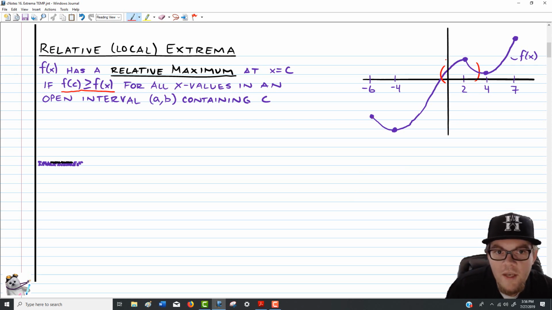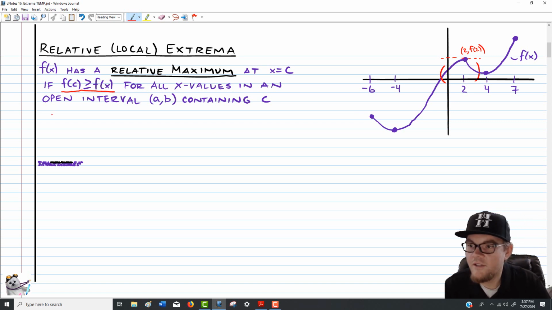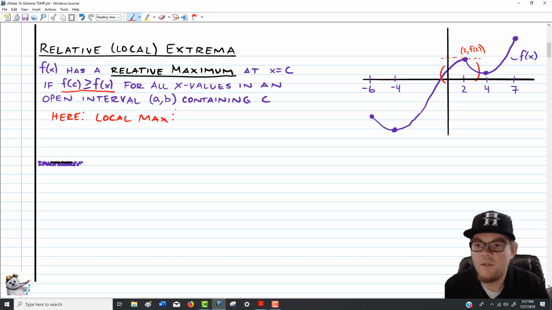We can see that the highest point in that interval is clearly at 2, f of 2. So in our example, our local maximum, or our relative maximum, and you'll see both names used interchangeably, I'm going to switch between those names all the time, is going to be the point (2, f of 2).